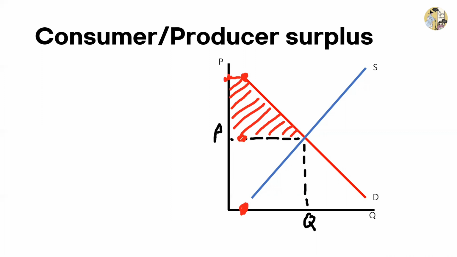I mean, they would still be happy. They could have been happy already if the price was higher, because they are still willing to buy it. But now the price is even lower than their willingness to pay.